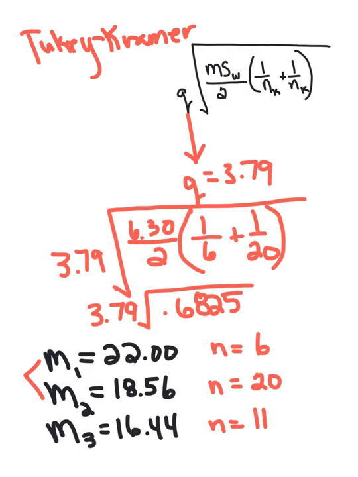So then it equals 0.83 times 3.79, which is 3.13, right? So 3.13 is basically my difference that I am looking for my mean differences to be greater than.